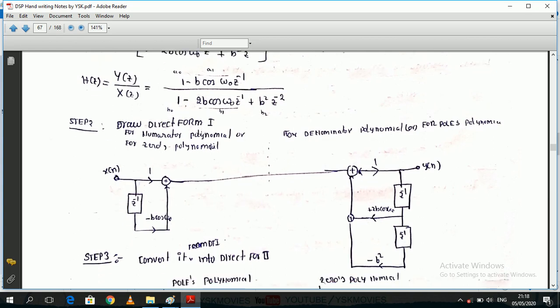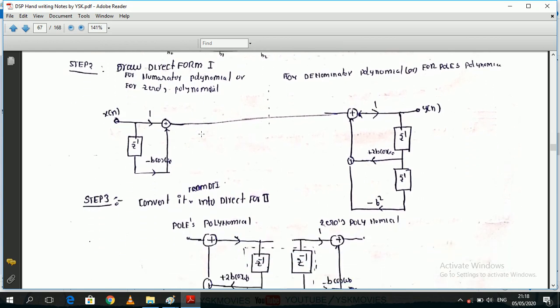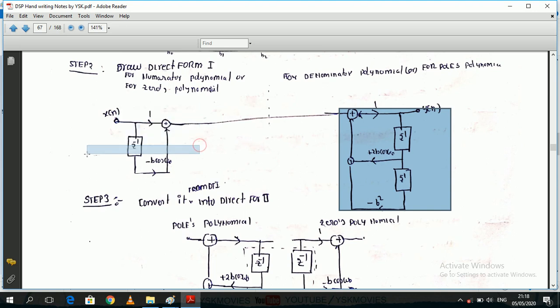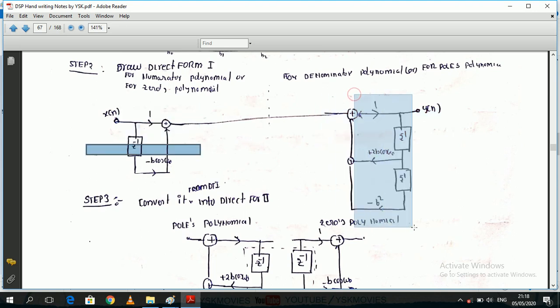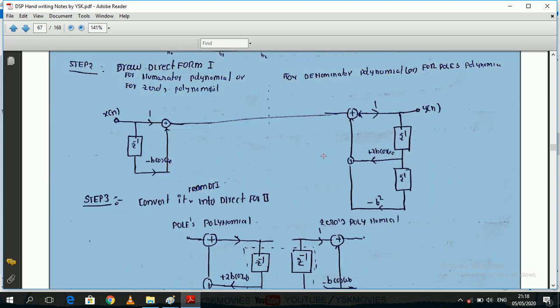First of all, draw the direct form 1. To draw the direct form 2, you must know about direct form 1 also. So first you do direct form 1. For the numerator polynomial, or for zeros, we do it like this, and for the denominator polynomial, or for poles, we use this.